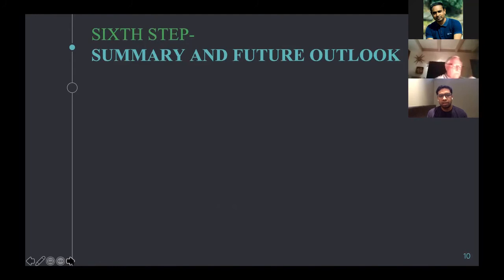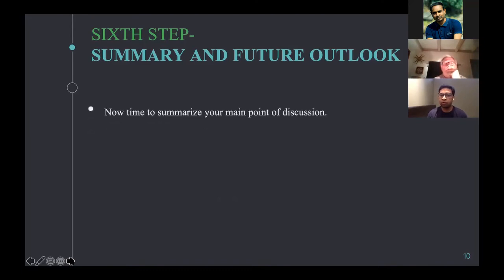The last step in the review paper is the summary and the future outlook. At the end, you should have a good summary of your review article that overviews all the information you included in the discussion part. With the summary, it is very important to give some future outlook.